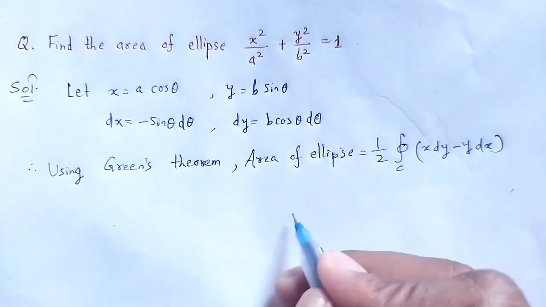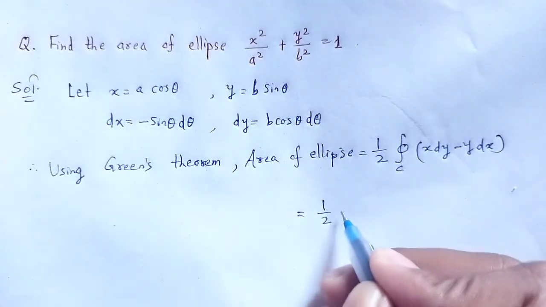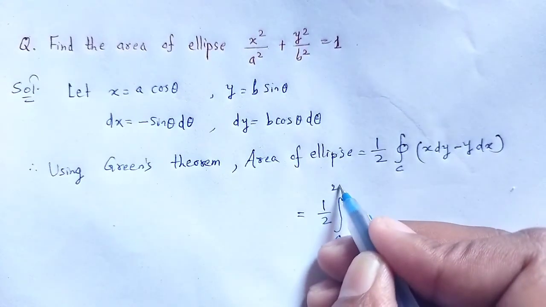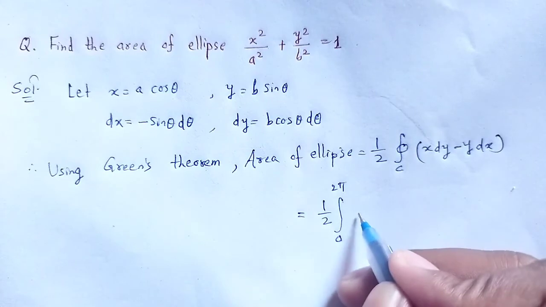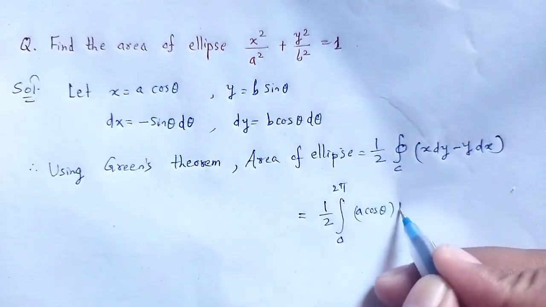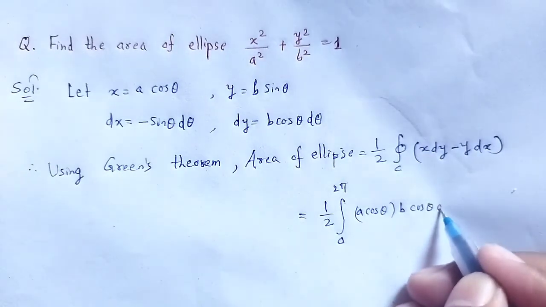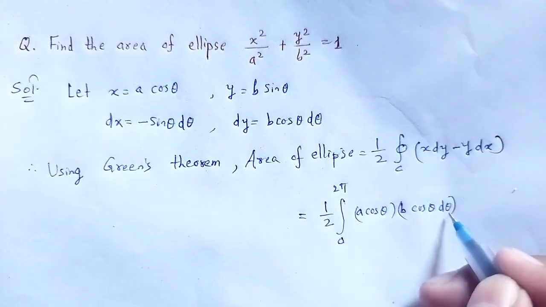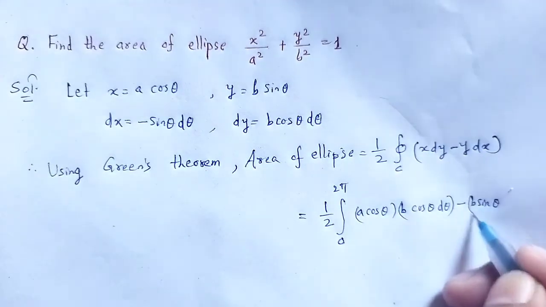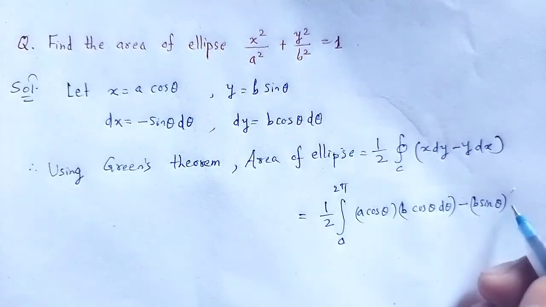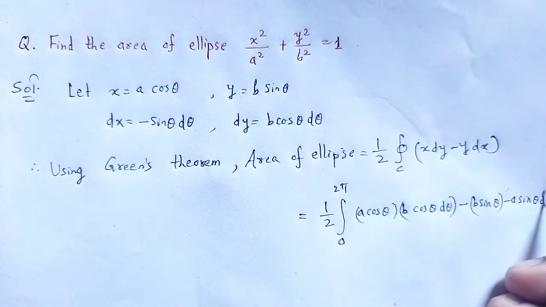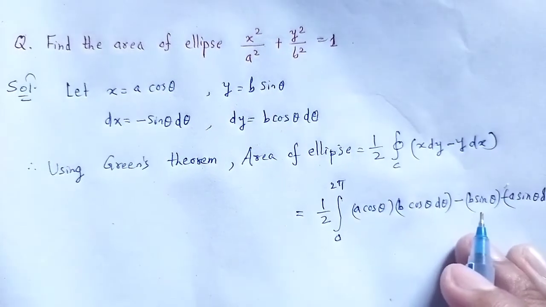Putting these values, half, from 0 to 2 pi its limit, then a cos theta times b cos theta d theta minus b sin theta into minus a sin theta d theta.